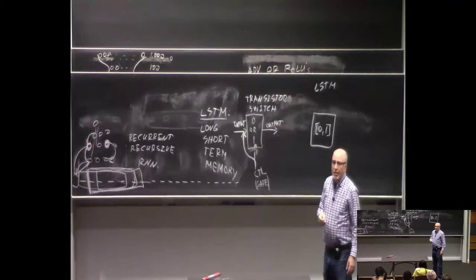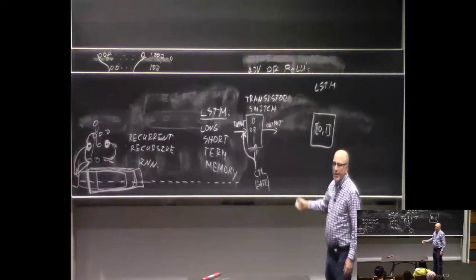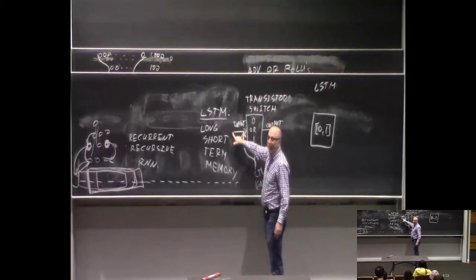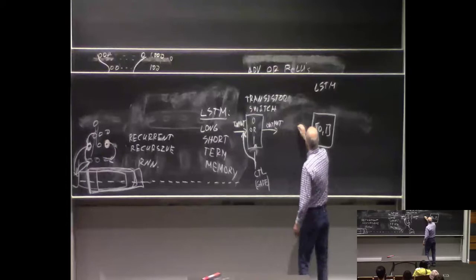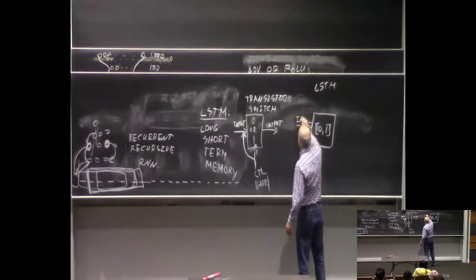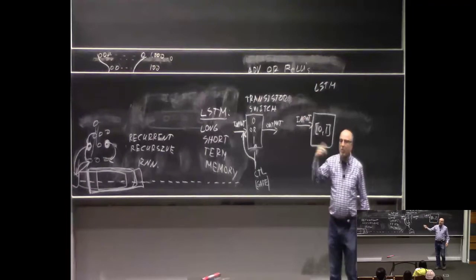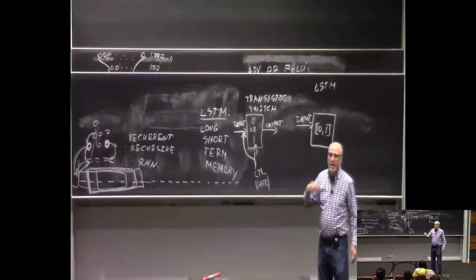The second thing that it does is instead of the simple operation of replacing the value with another value from the outside, you still have an input here, but it doesn't replace the value, it modifies the value. It adds to the value.